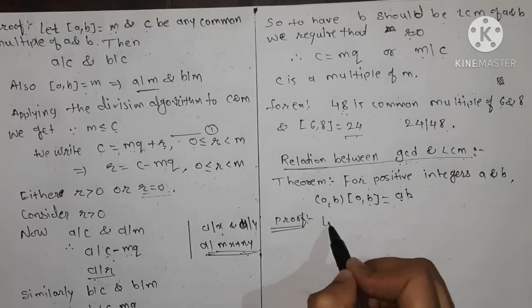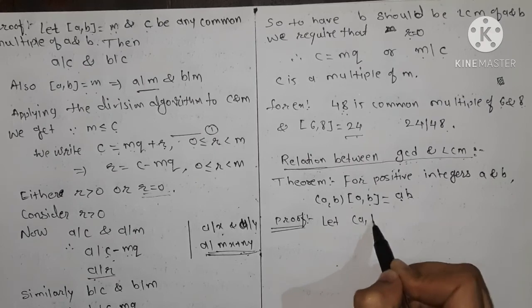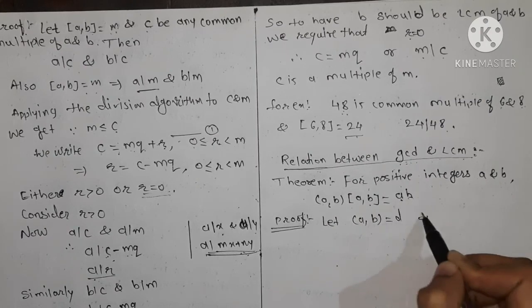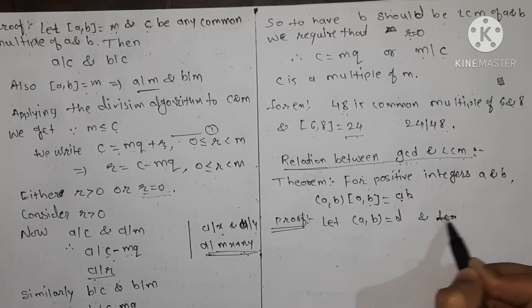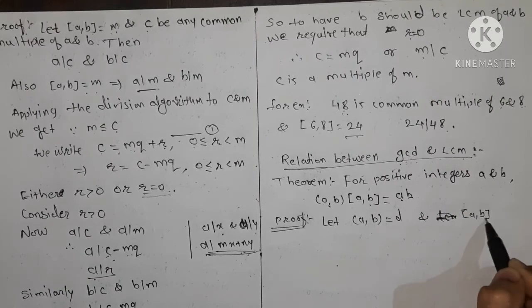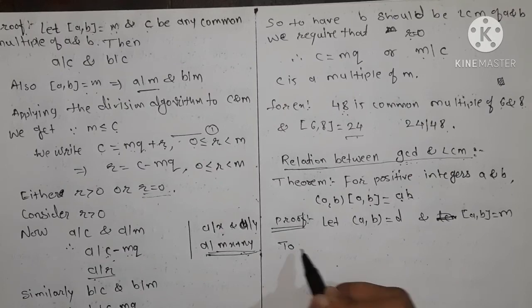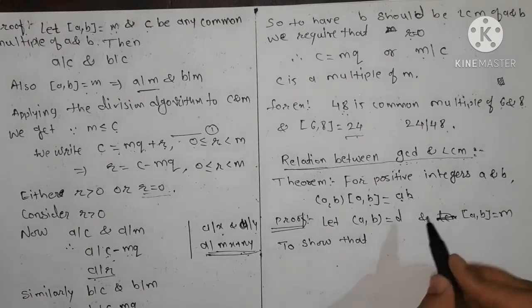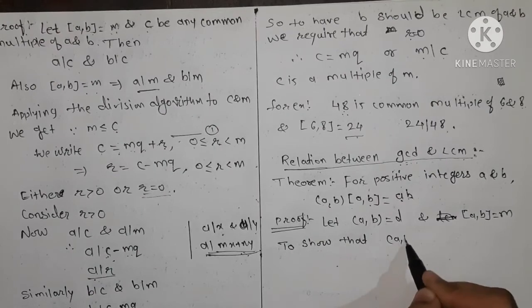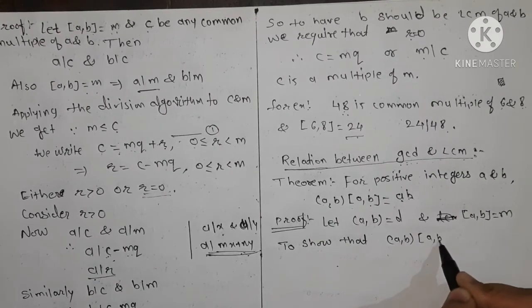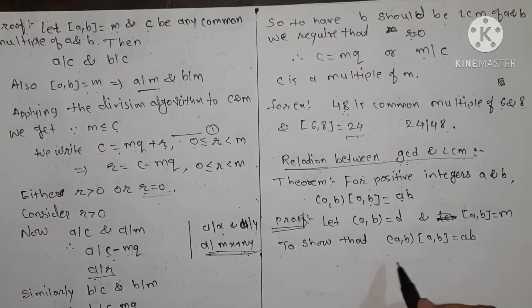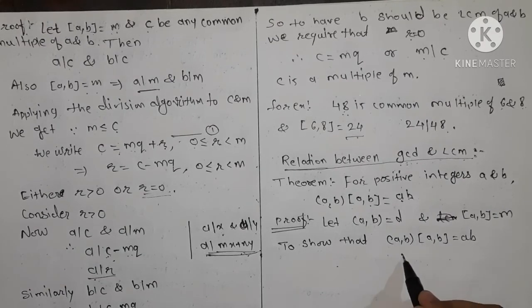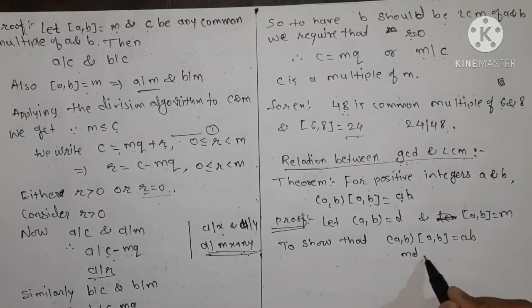So let's see the proof. Here we let the GCD of A, B be equal to D, and the LCM of A, B we denote as M. Okay, and we have to show that the GCD of A, B into the LCM of A, B is equal to AB. That is, we have to show that M into D, or D into M, equals AB, right?